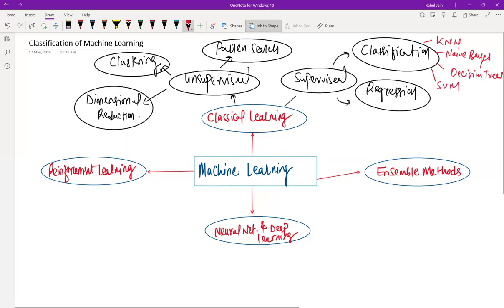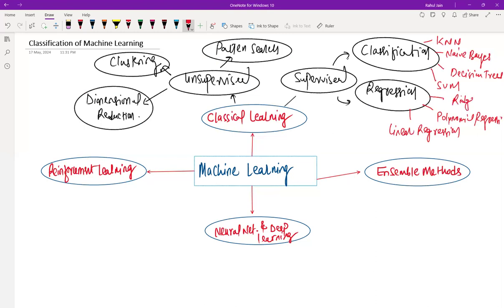And under regression, we can put algorithms like linear regression, polynomial regression, ridge regression, or lasso regression.